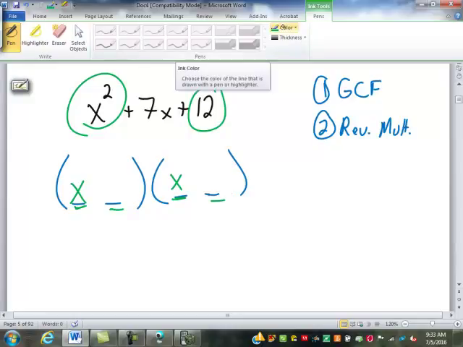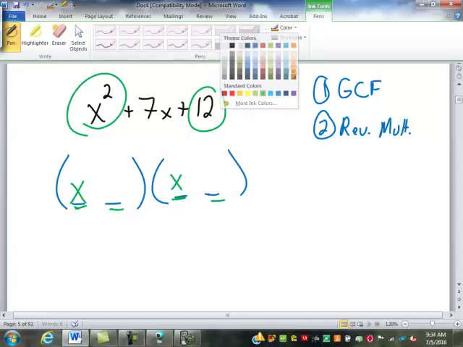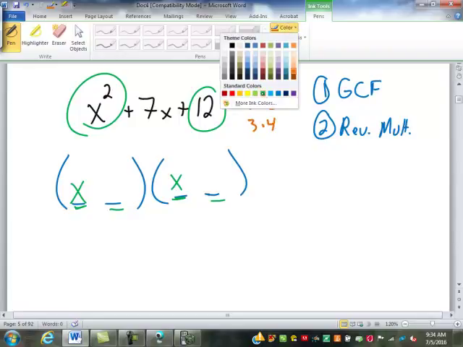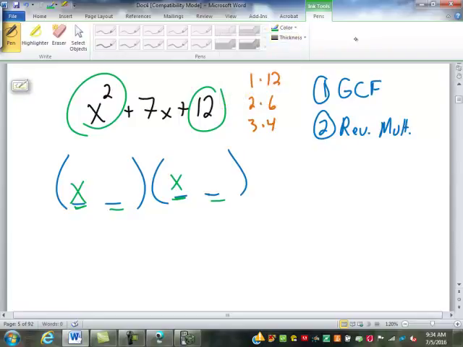12. So I've got some choices there. There's 1 times 12, 2 times 6, or 3 times 4. We don't know which one it's going to be until we pick one and test it. So let's try 2 and 6.